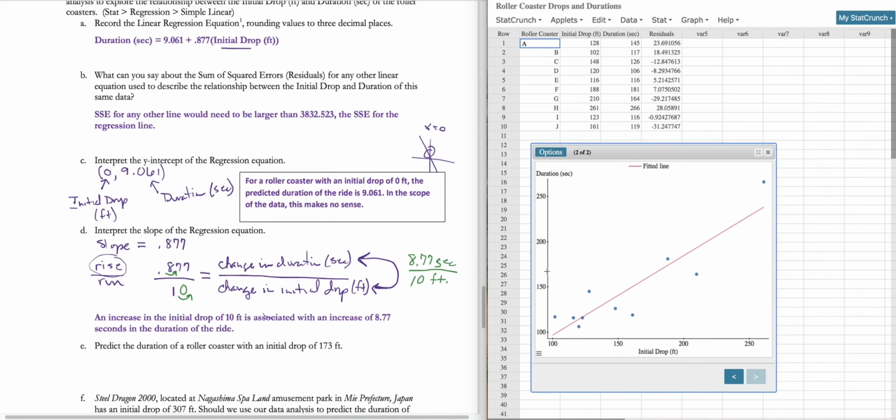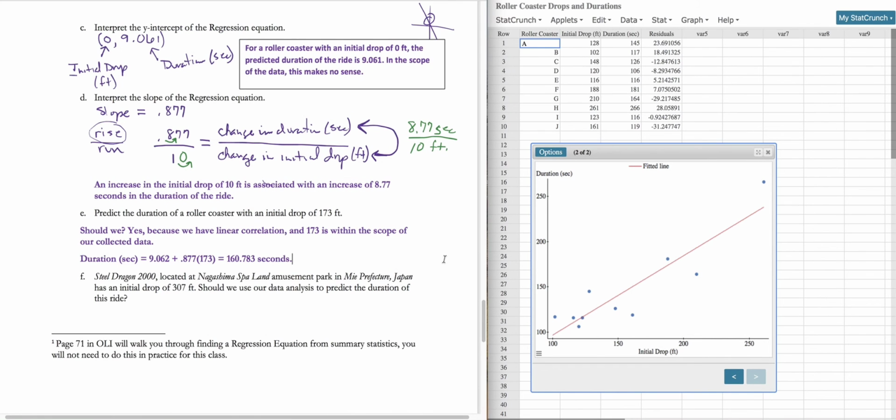But to get our exact value, we will take the x value of 173 and put that into our regression equation. Everybody take a moment to do that and see that we all get the same value. Okay, using our equation, I came up with 160.783 seconds.